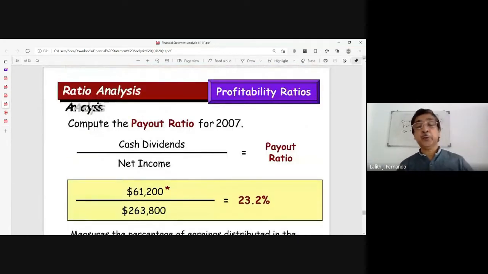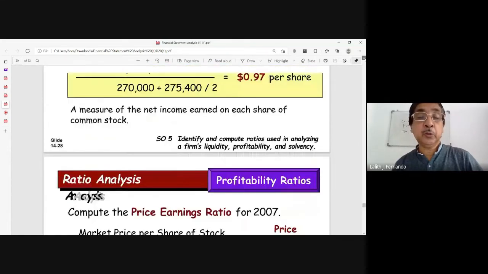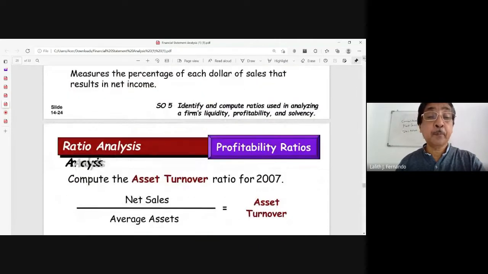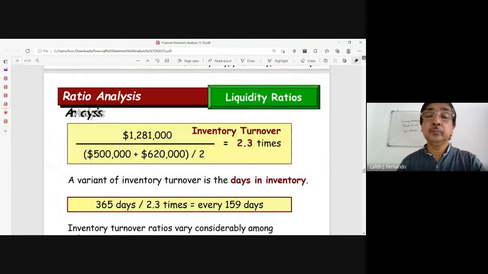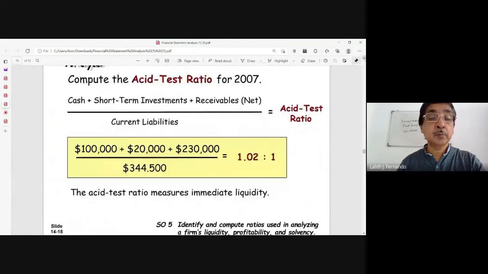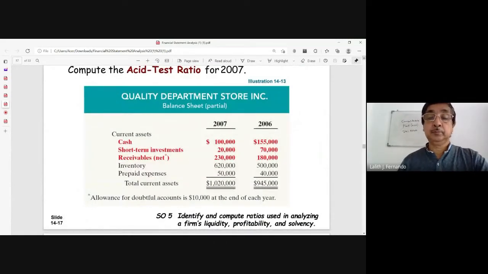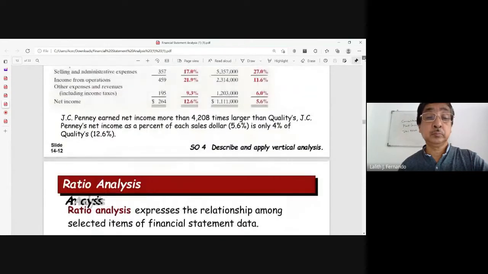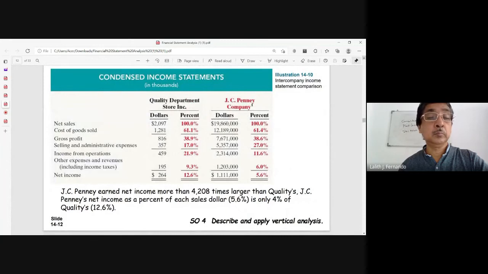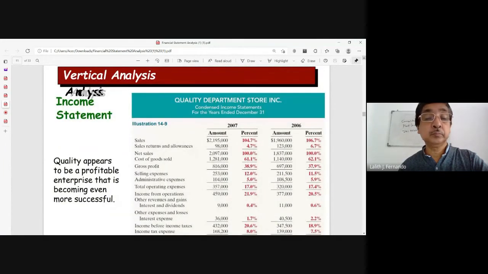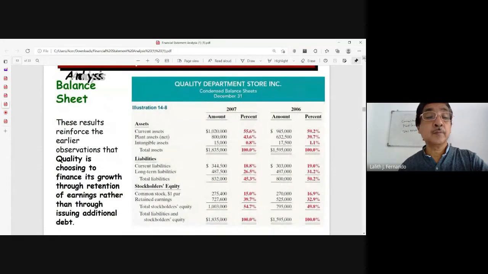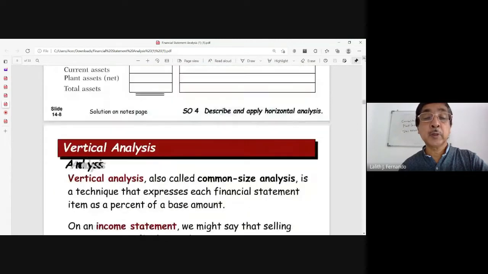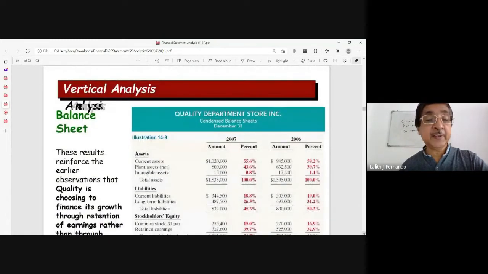Right. Now, what we are trying to do is, you get the quality department store balance sheet here under the vertical analysis.